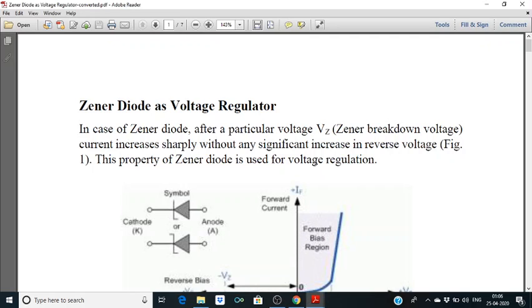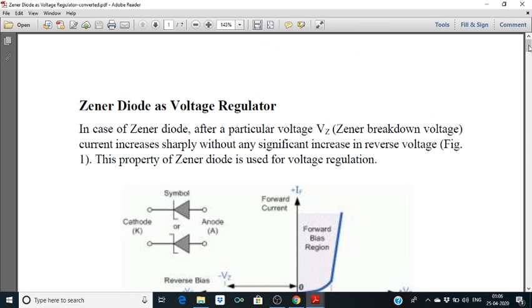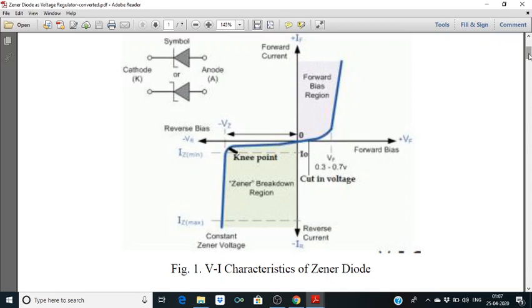This is the VI characteristics of the Zener diode. In case of forward biasing, it will work as an ordinary p-n junction diode, while in case of reverse biasing, after a certain voltage, which is Vz, the Zener breakdown voltage, the current increases abruptly, and beyond this Vz, the voltage remains constant.